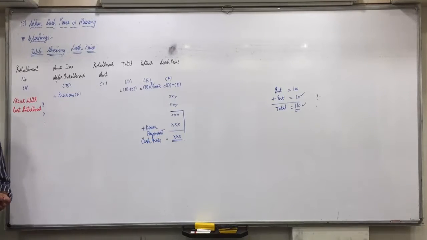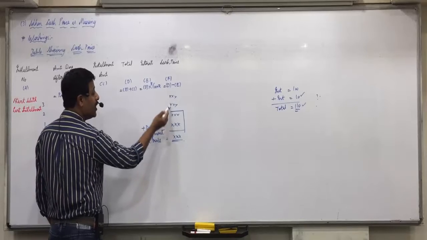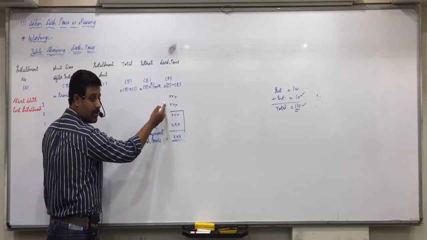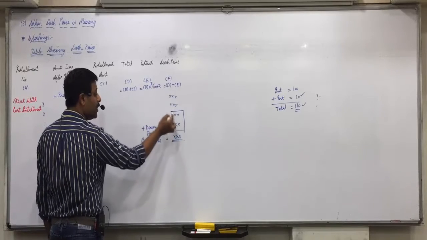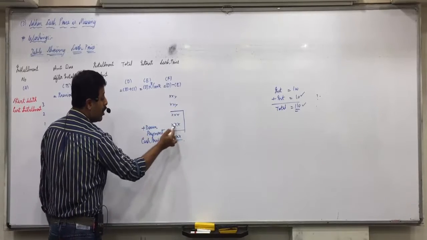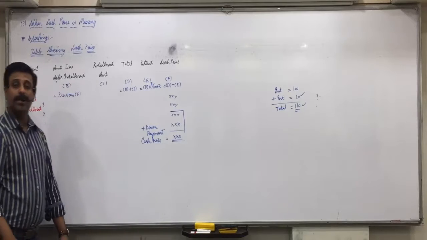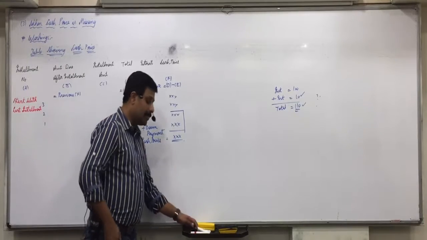Don't do the total of all the three, because this amount already includes the earlier two amounts. When we solve it, you'll understand it. Whatever final cash price you get, you further add down payment, and you'll get the total cash price. Then we'll solve an example.